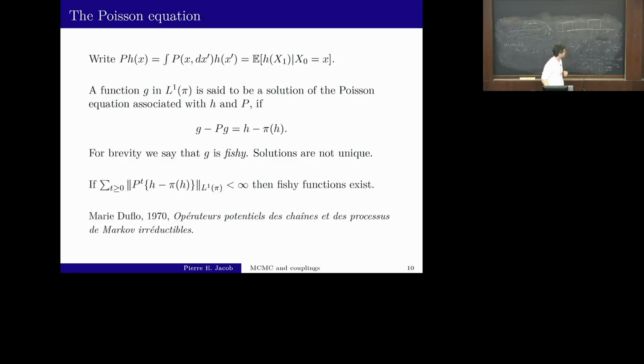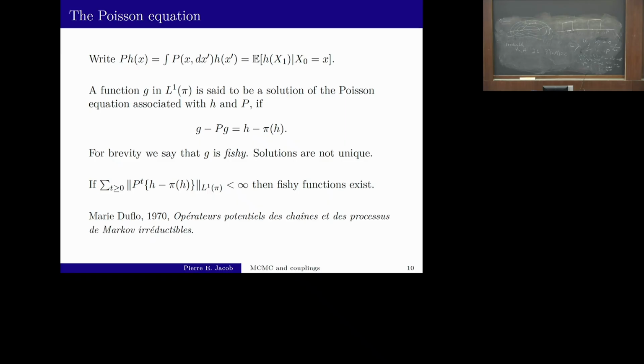Okay, so we're going to talk about how to prove the CLT a little bit using the so-called Poisson equation. So recall this notation: Ph is this conditional expectation after one step. And we say that a function g is a solution of the Poisson equation if the function g minus Pg is equal to the function h minus pi of h.